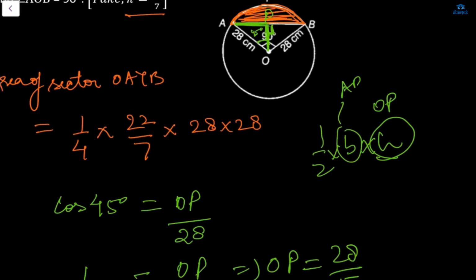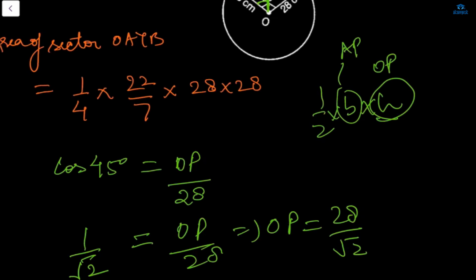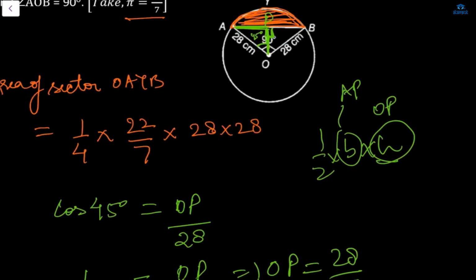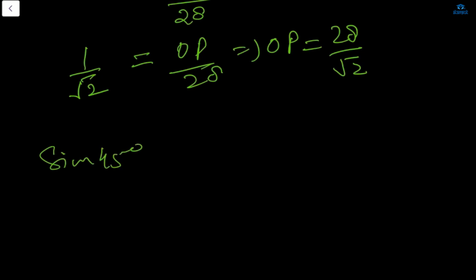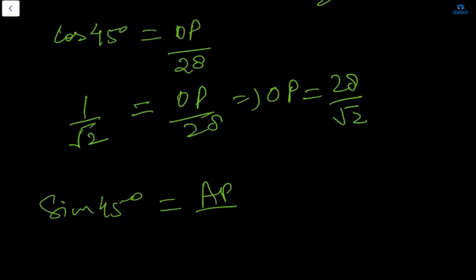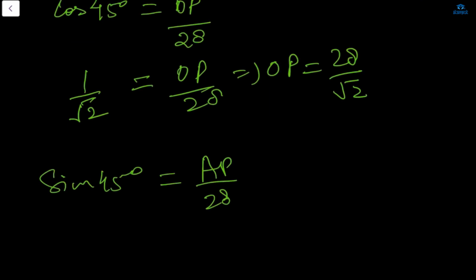Actually, AP को आपको 2 times करना होगा. First you have to find out AP, and similarly BP will be the same value. So let's find out the value of AP. For finding out the value of AP, we need to go with sine 45 degree. Sine 45 degree will be equal to AP upon 28. Sine 45 is also 1 by root 2, equal to AP upon 28.